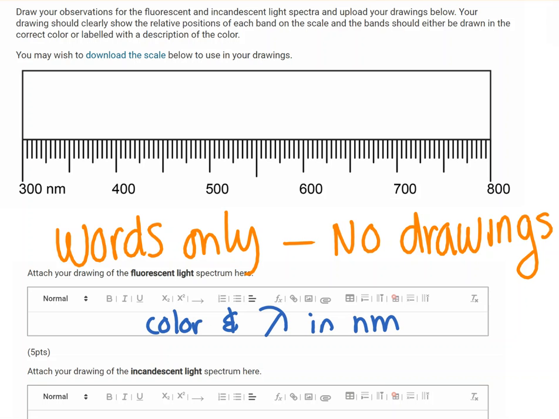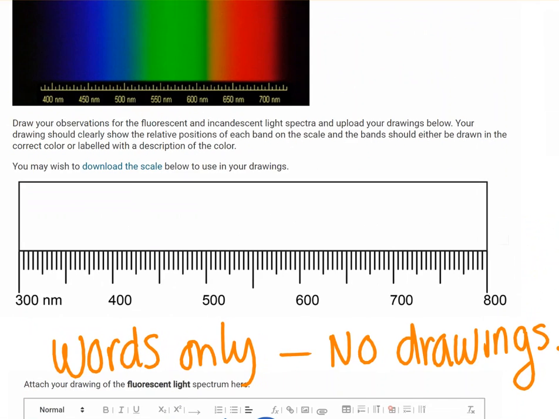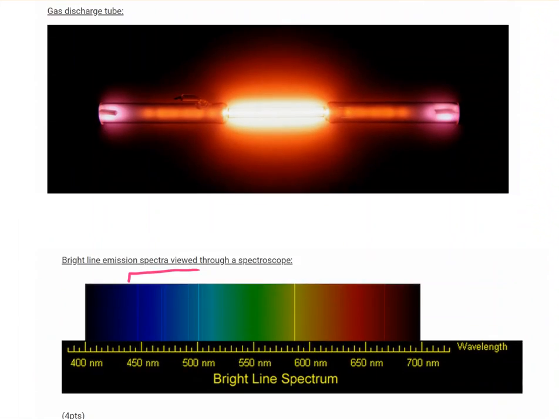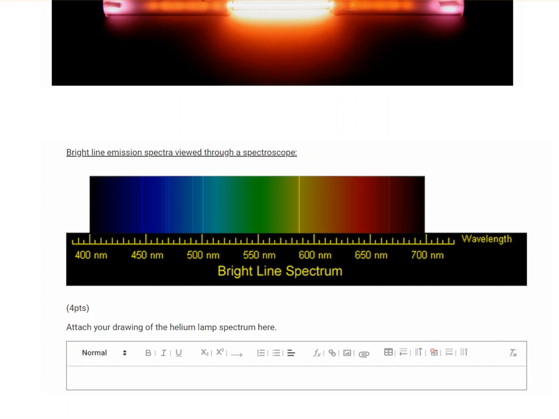Again, those two charts that I gave you can help you distinguish the relationship between color and wavelength. So you can get approximate wavelengths from these charts.